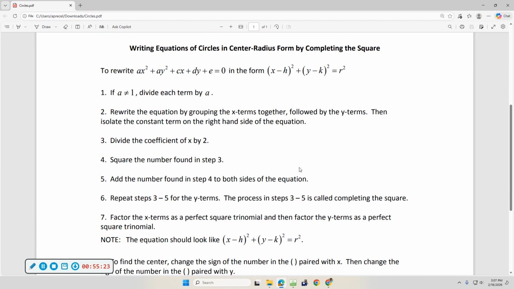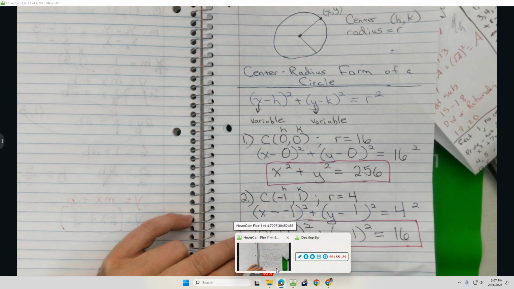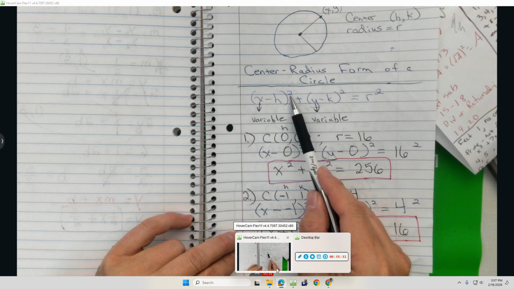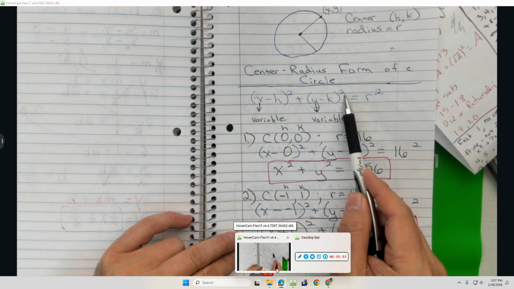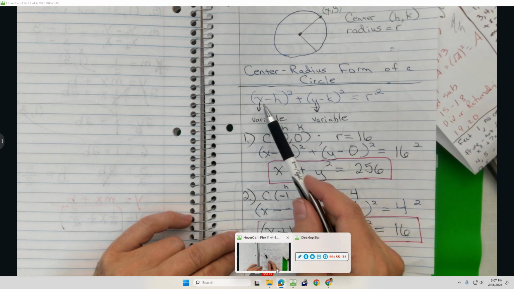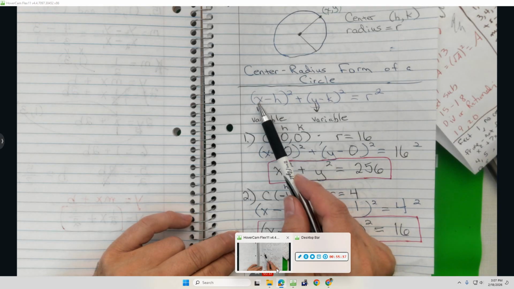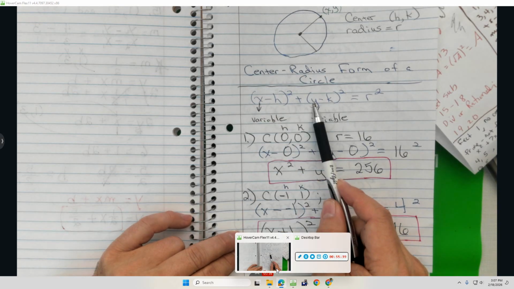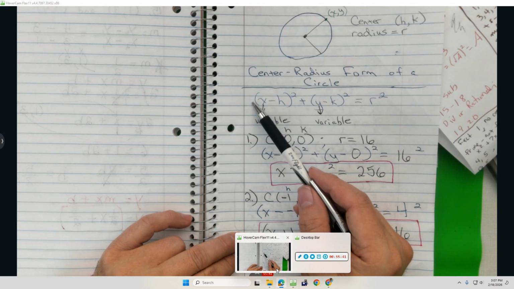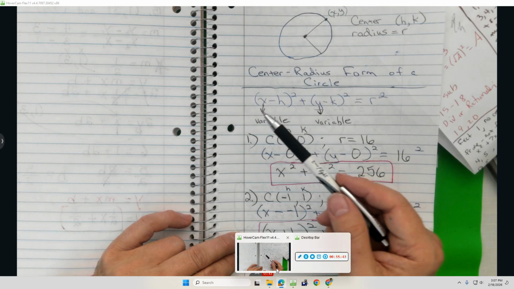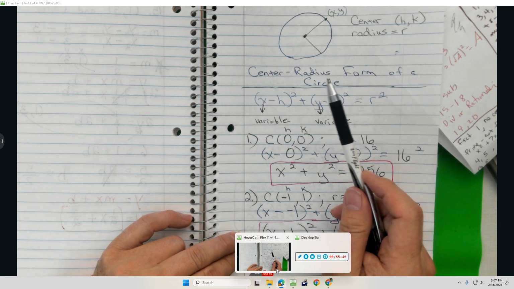Okay, look, I've written out the instructions. Think about this. Center radius form, look at this over here, just has an x that's being squared and a y that's being squared. So when you expand that, you're just going to have an x squared and a y squared. You're never going to wind up with a 5x squared or a 3x squared.